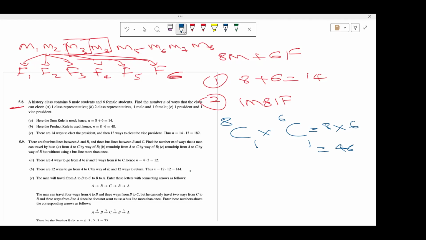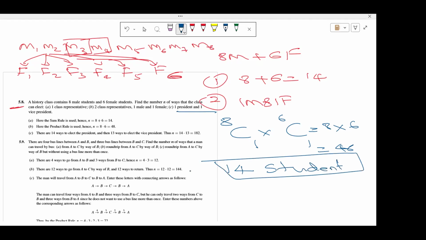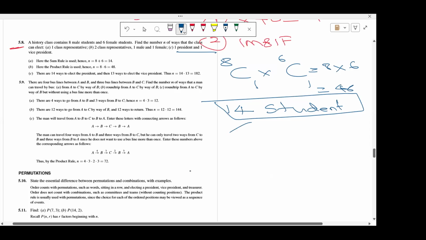The third question, we need to select one president and one vice president. There is no gender mentioned, so we consider the altogether 14 student pool. From this pool, we need to select one president and one vice president. How many ways are we selecting the president? 14 ways. Now how many ways for the vice president?